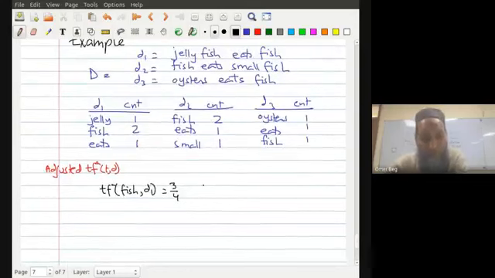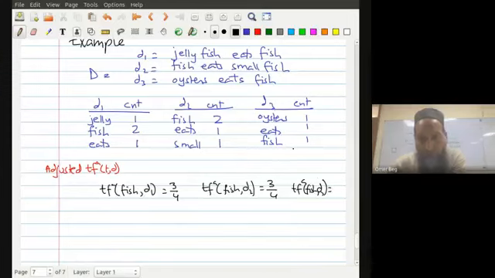So where are we? TF for the word fish in document 2 would again be 3/4, and TF for fish in document 3 would be 2/3.